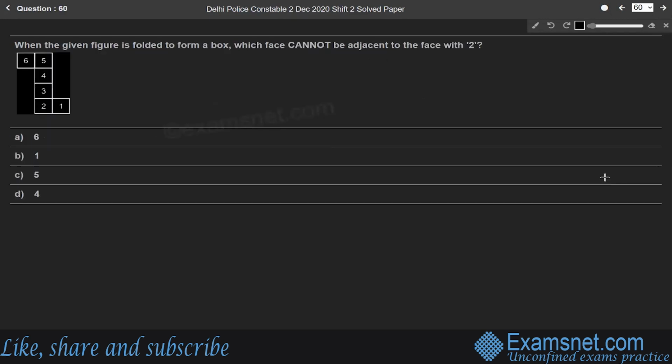Question 60. When the given figure is folded to form a box, which face cannot be adjacent to the face with 2? So, which face cannot be adjacent means that face should be opposite to face 2. So, the face opposite to 2 we have to find.